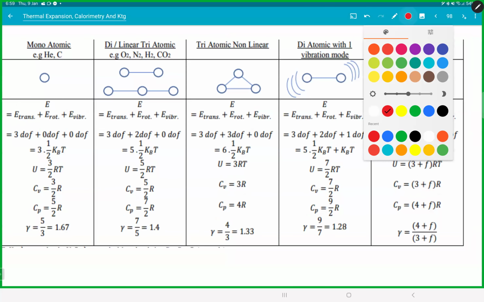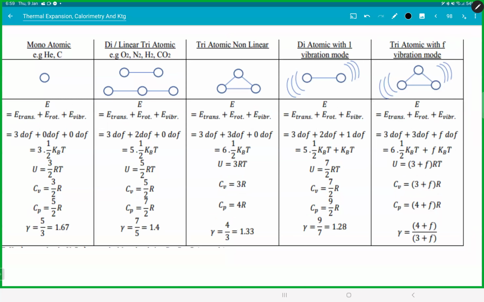So here now the thing is that F actually gets confusing. So let me just change that.